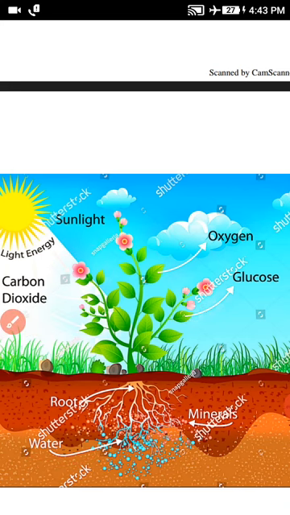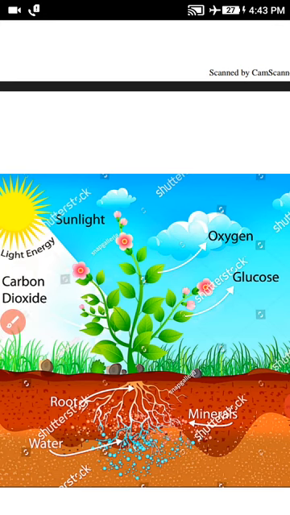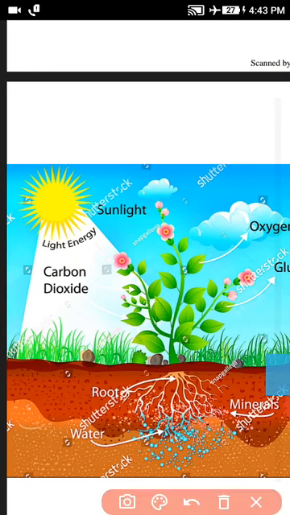So mainly the four raw materials plants use to prepare food are: first chlorophyll, second water, third carbon dioxide, and fourth sunlight. Plants obtain sunlight directly from the sun, carbon dioxide from the atmosphere, and water from the soil through the roots. The leaf already has chlorophyll pigment.